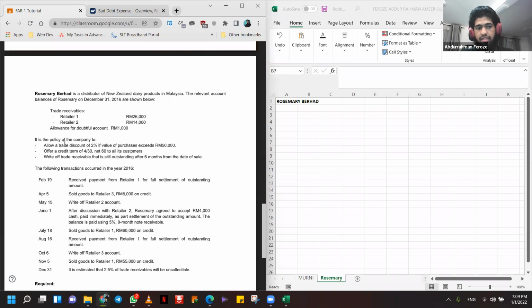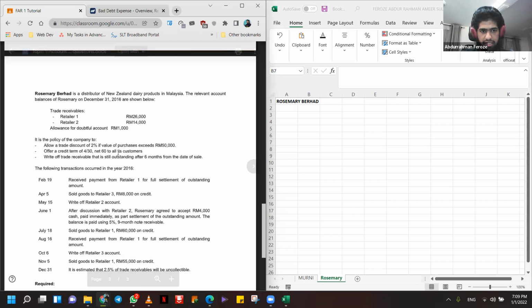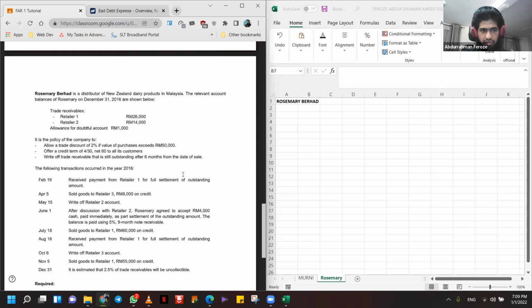It is a policy of the company to allow a trade discount of 2% if the value of purchases exceeds 50,000 ringgit, and they offer a credit term of 4 out of 30 net 60 to all its customers. Write off trade receivables that are still outstanding after 6 months from the date of sale. All right.